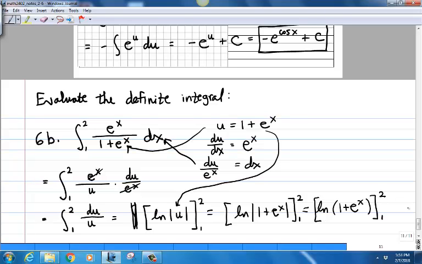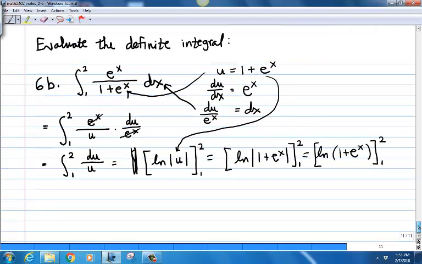And now we can carry out the arithmetic. I'm going to substitute 2 for x. So I have the natural log of 1 plus e squared, and then I'm going to substitute 1.